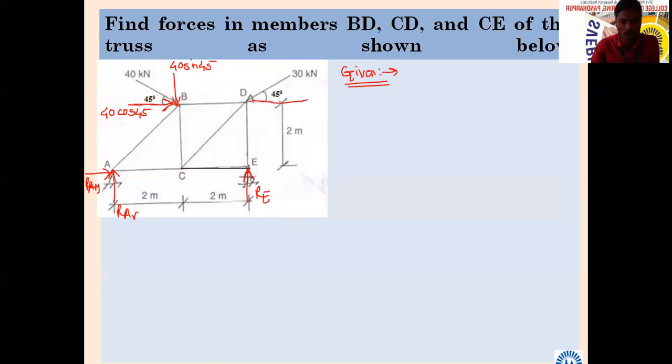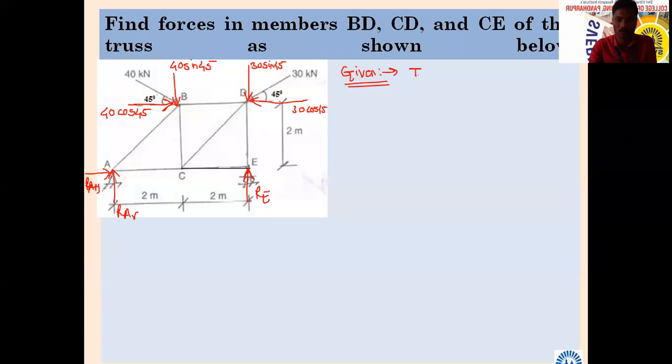What about this horizontal component? 30 cos 45. And what about this vertical? 30 sin 45. So what are we supposed to find? Reactions first. Okay, so let us find.